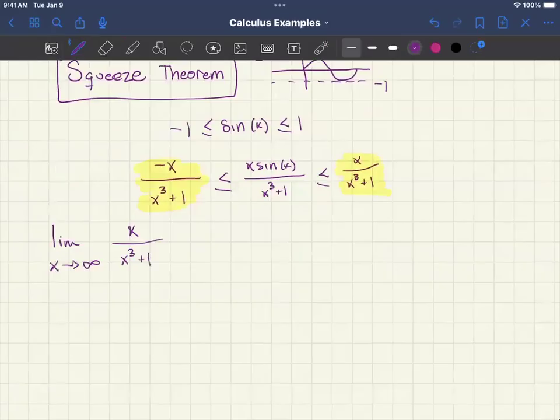1. This should feel somewhat familiar to you. In this case, because we have a polynomial divided by a polynomial, we're going to look for the largest degree that we have in here, which is the cubed. And we're going to pull that number of x's out of the top and the bottom of our function. So we're going to pull out x cubed, 3 x's, out of our denominator.